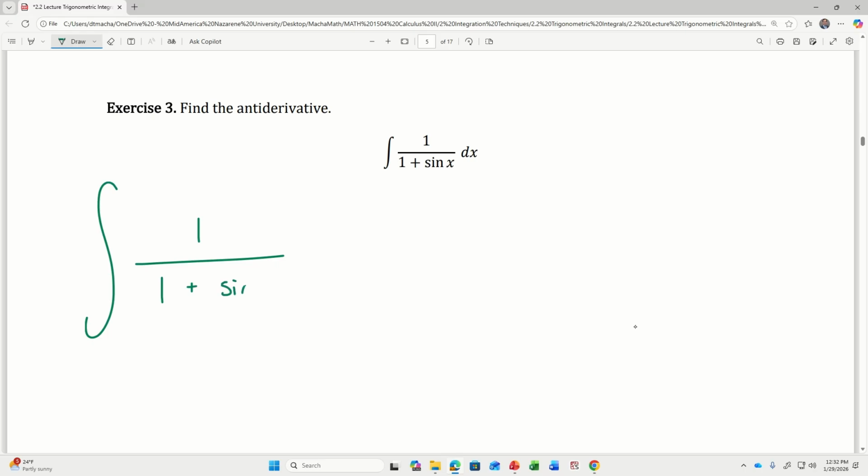So here, I would be completely lost. I'm like, how the heck would I take that antiderivative? That sounds impossible. But what we need to do is multiply by 1 minus sine on the top and bottom.